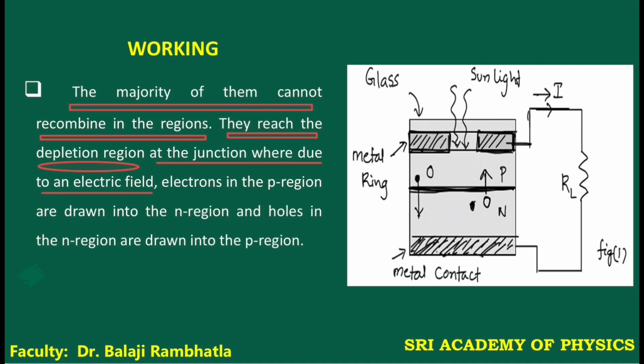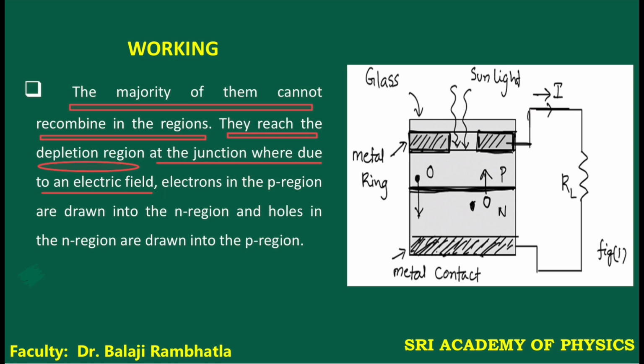So whenever the light is incident on this P region and N region, the holes and electrons reach the depletion region. Due to the electric field across the depletion region, the holes move towards the P region, the electrons move towards the N region, and there is a current in this direction.